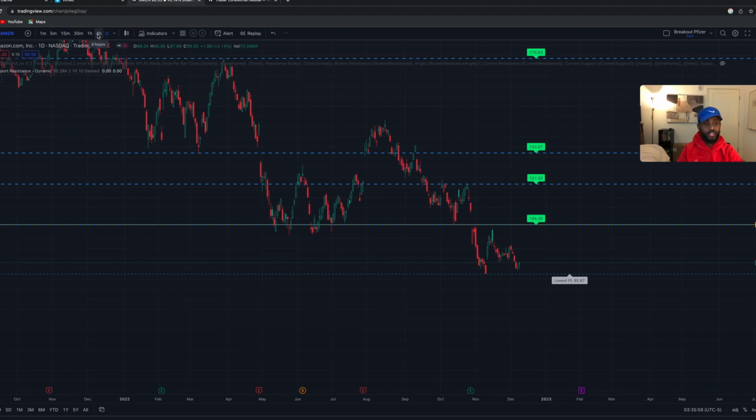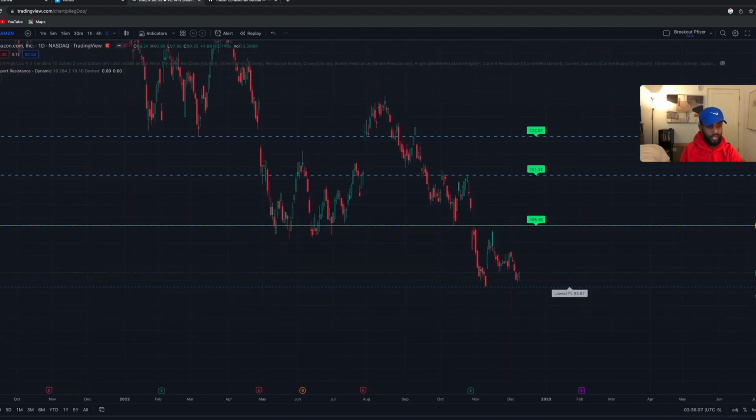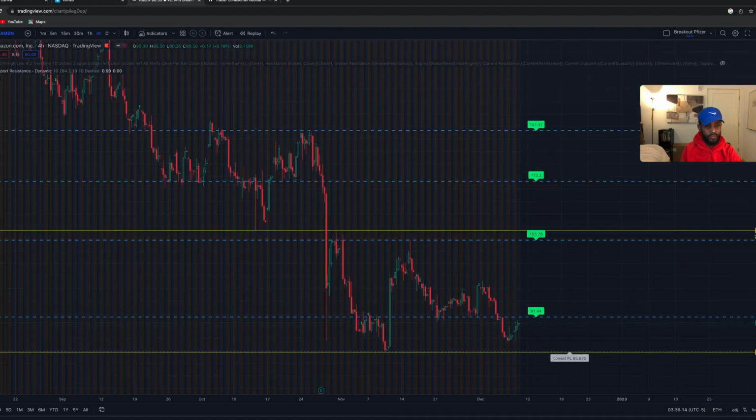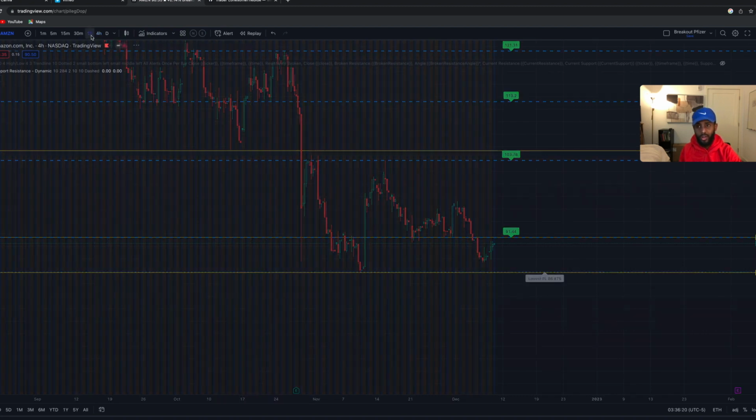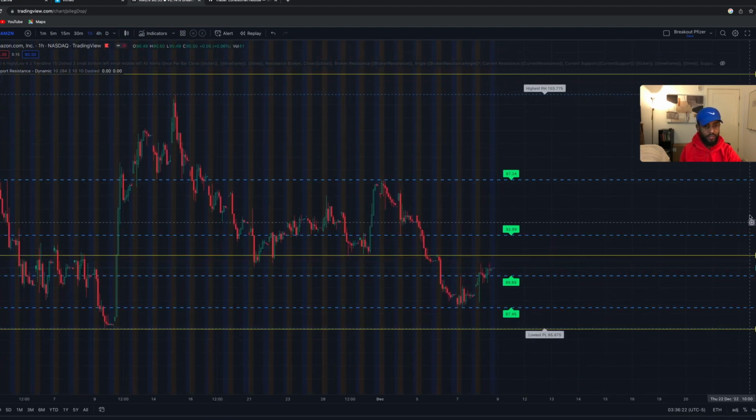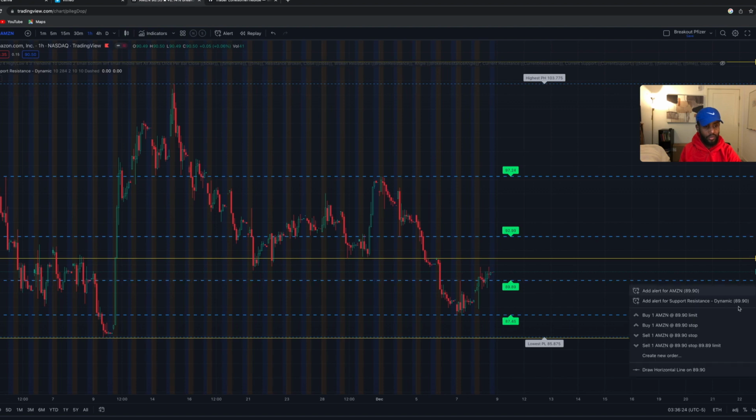And then I start going down my time frame. So this was the daily chart. Actually, there was one level here. And then I'll go to my 4-hour chart. We have a key level there. Then I'll go to my 1-hour time frame. We got a couple here.